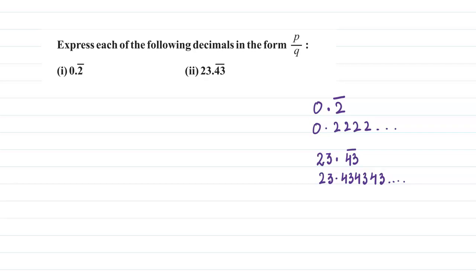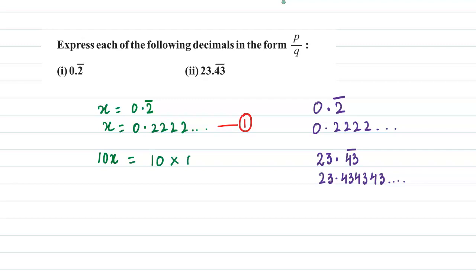So for that we first have to write down x equals 0.2 bar. Now this also means x is equal to 0.2222. We can write like this, and we'll take this as the first equation. Now if we multiply this by 10, now remember what happens when we multiply a number with 10.